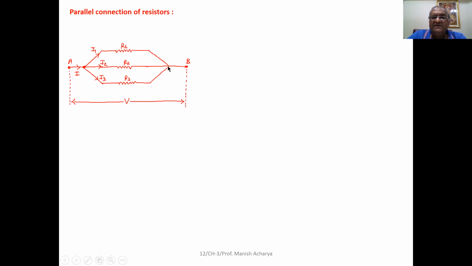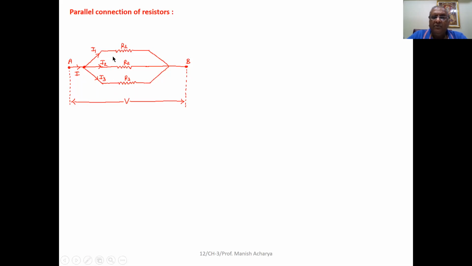And when all these three currents reach here and come out from this connection, then again the total current will be I. And here, suppose we think about resistor R1, then one terminal of resistor R1 is directly connected to A, and the second terminal of R1 is directly connected to B. In the same manner, R2 and R3 are connected.